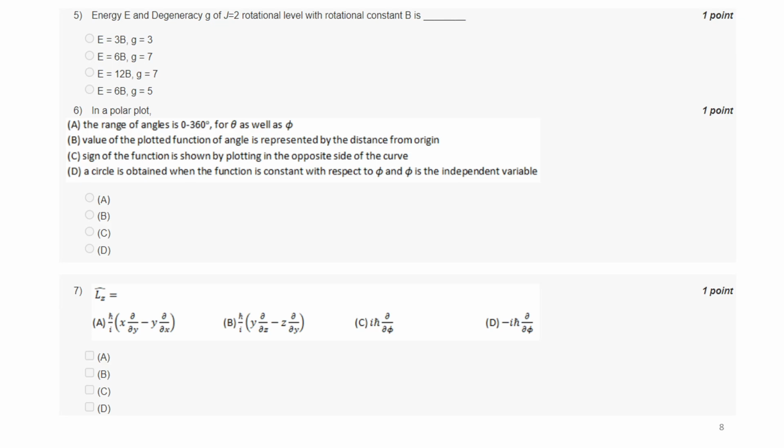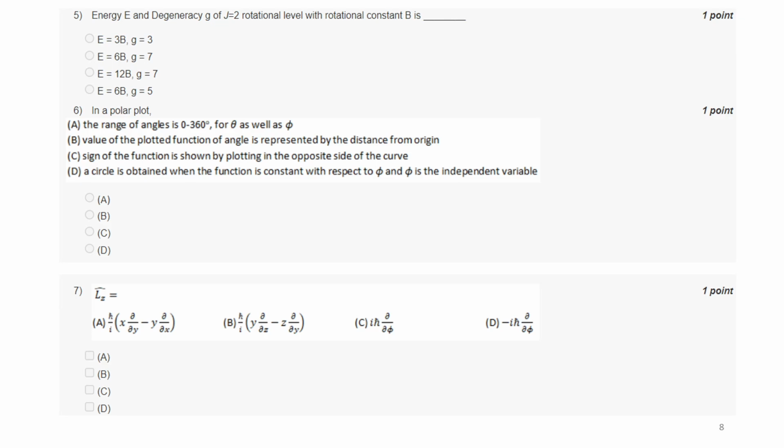Now question number 5. The energy E and degeneracy G of J equals 2 rotational level with the rotational constant B is what? First of all, as I told you, why we are studying this rigid rotor problem is because it is a very standard system.